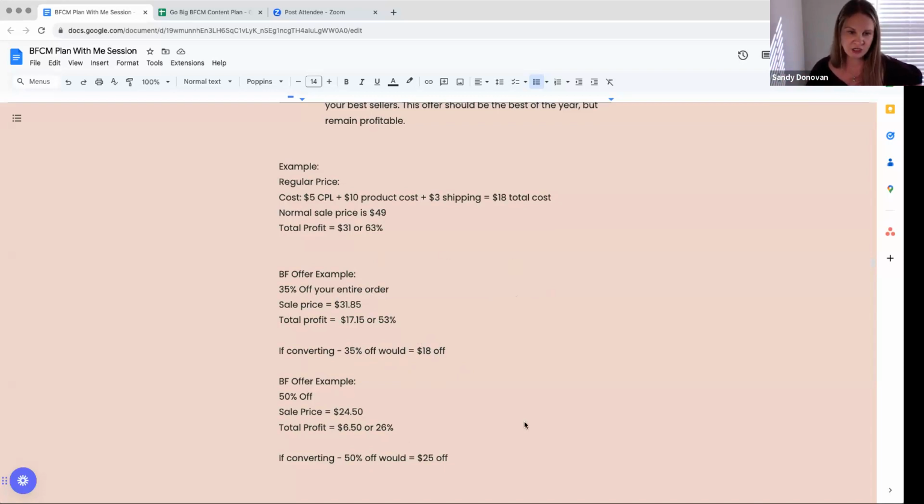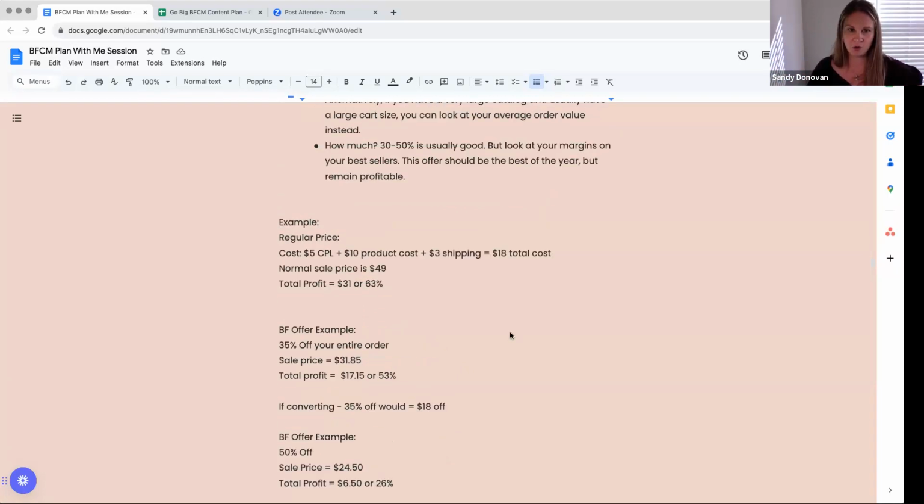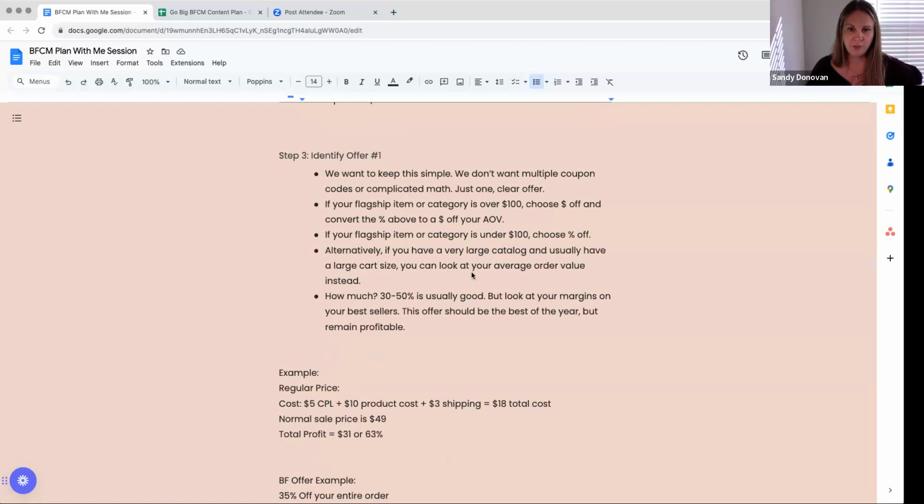But if you're under $100, just stay simple and stick with a percentage off. Okay. So we're going to figure that. That's going to be kind of our base reference point for offer 1 as well as offer 2. But for offer 1, we're going to keep it super, super simple. We're going to offer either the dollar off amount or the percentage off amount.